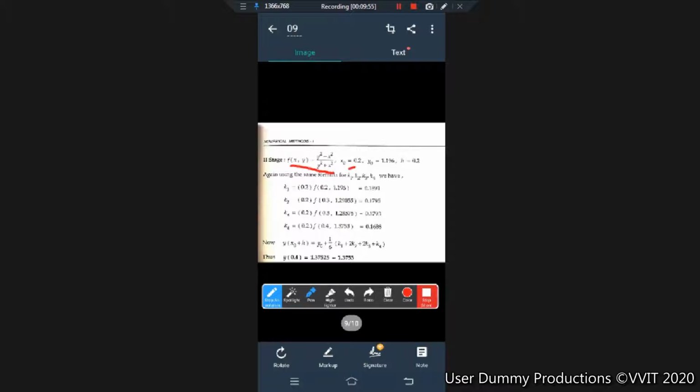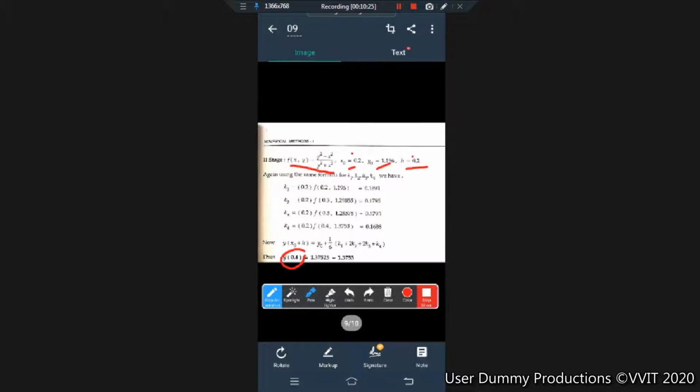As I told you from the previous stage, x naught is 0.2 and y naught is 1.196 and h is fixed at 0.2. So we don't need x1 anyway, but if you want, you can write it. Otherwise, you don't need x1 in the formula. What is x1? X1 will be x naught plus h, that is 0.2 plus 0.2, it's going to become 0.4. That's how you get the x1 value.